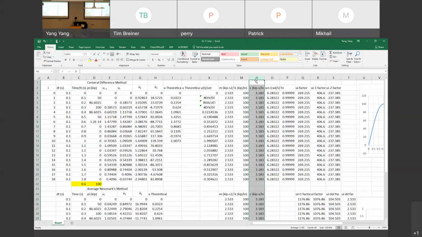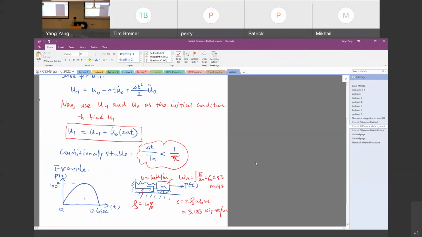So, if no any questions, we will talk about another, the second method. So as you can see here, the central difference method is conditionally stable. In some cases, when the natural frequency is very small, you may have to use very small time step.